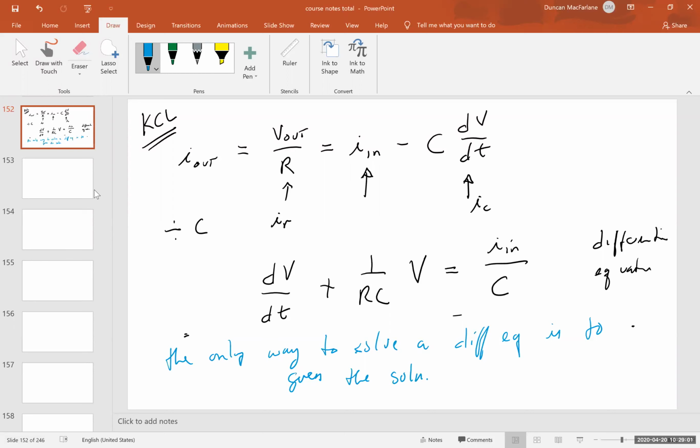That message is often lost in a classroom, because in the limit of time that we have in the classroom, we always guess the right answer. That's sort of a shame, because it always seems like magic when we solve a differential equation in class, and we always guess the right answer.